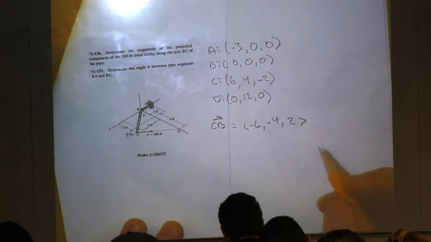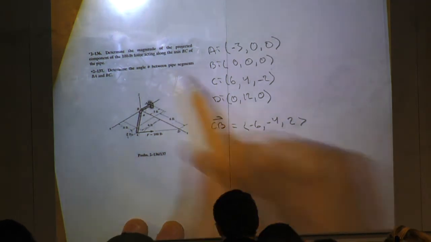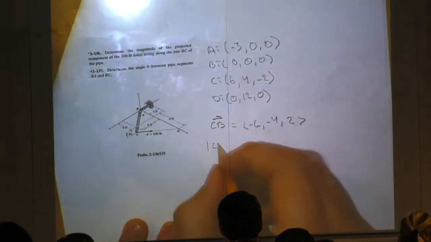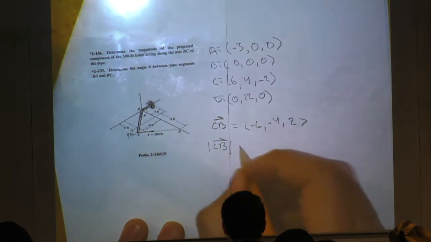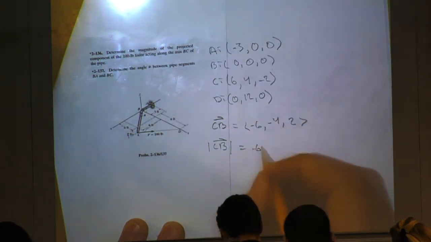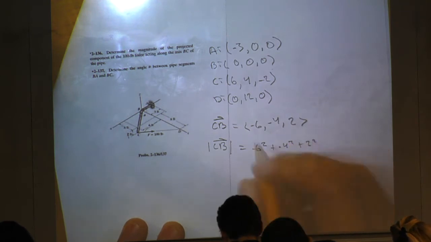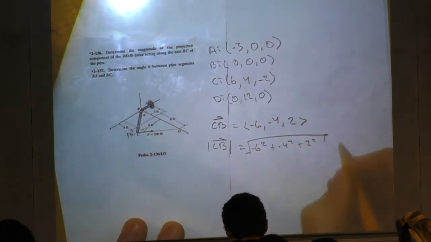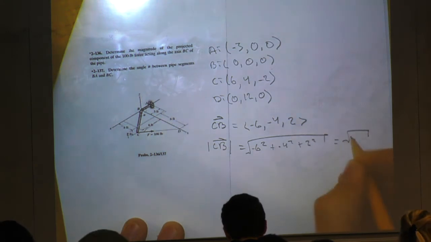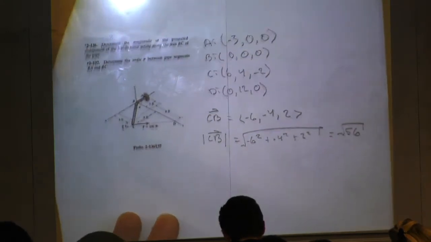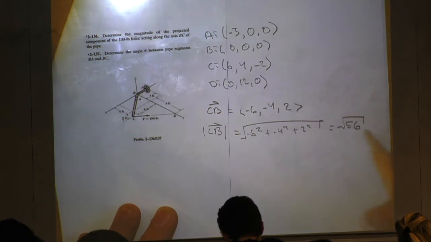Now, if I want to find the unit vector, which I need to find the projection, I want to take the magnitude of CB, which is the square root of -6 squared plus -4 squared plus 2 squared. All that is equal to the square root of 56. I'm going to leave it like that, because I don't want to deal with the decimal right now.